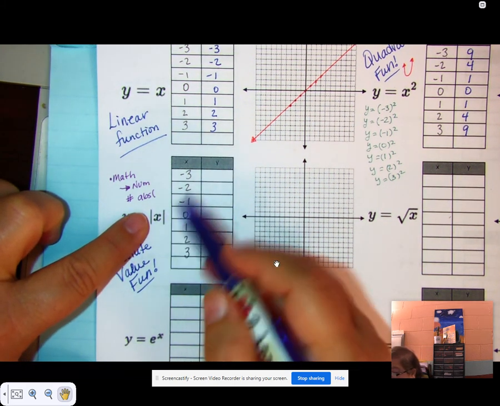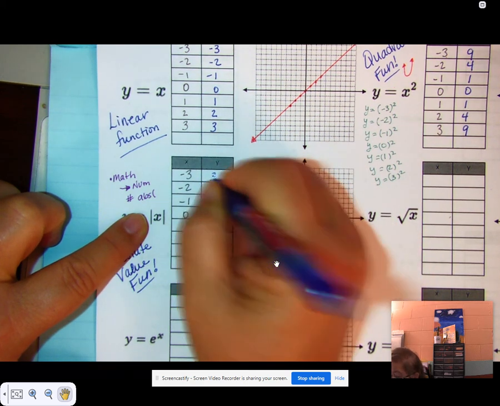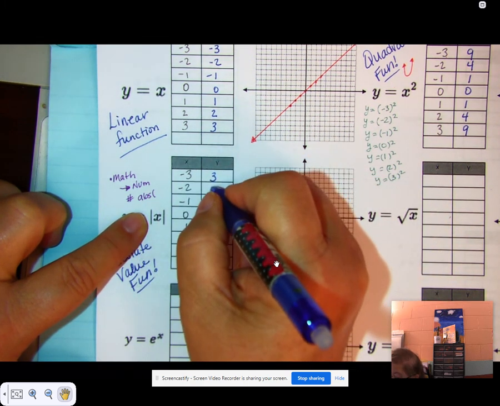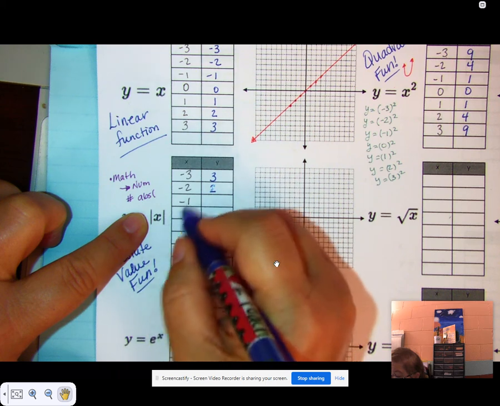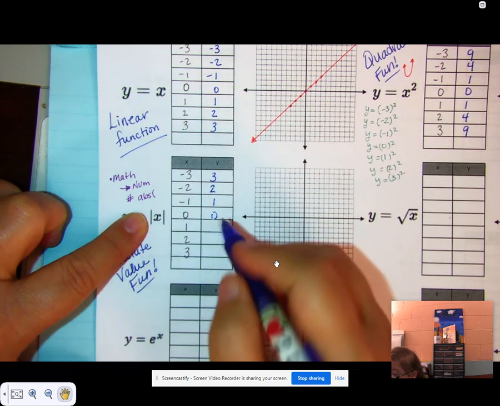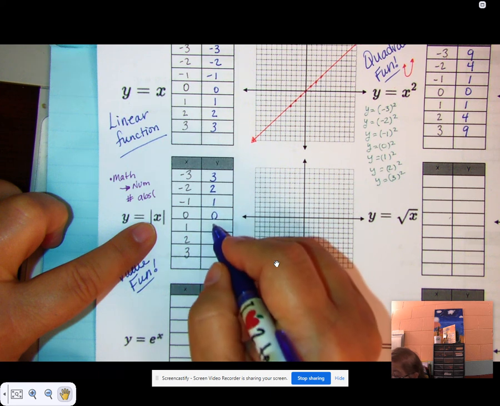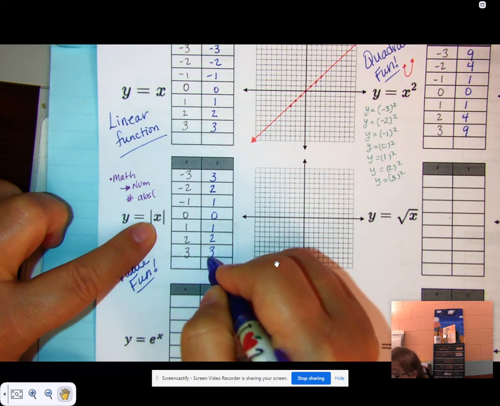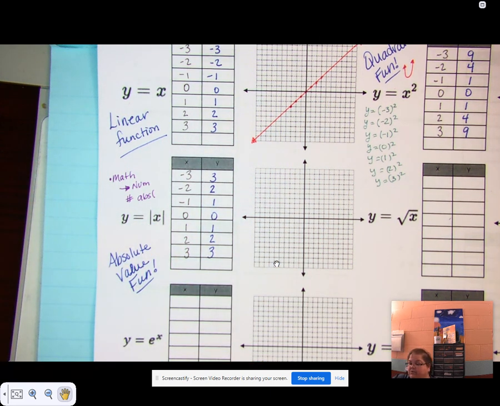The absolute value of negative 3 is positive 3. Absolute value of negative 2 is positive 2. The absolute value of negative 1 is positive 1, 0. And the absolute value of 1 is 1, 2 is 2, and then absolute value of 3 is 3.